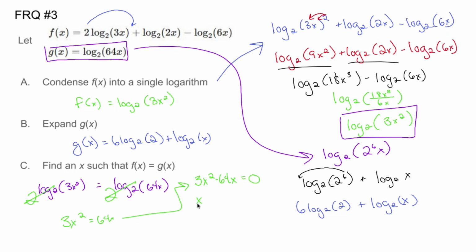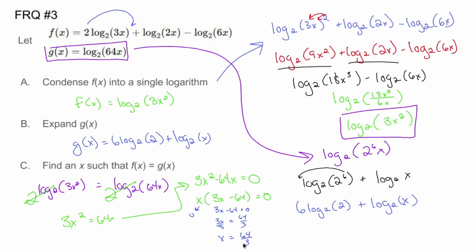I can whip out an x, but that's it: x times 3x minus 64. Now, my zero product property says each factor can be 0. Here, if I'm going to do this, I have to do 3x minus 64 equals 0. To save some time, I'm going to add 64 to both sides, so that's going to equal 64. And I'm going to divide by 3, divide by 3. And so x is going to equal 64 over 3.